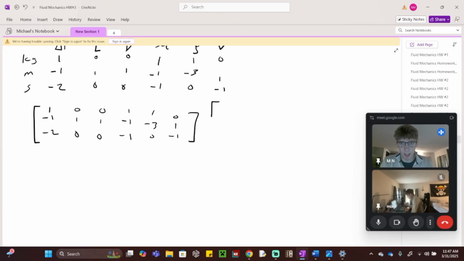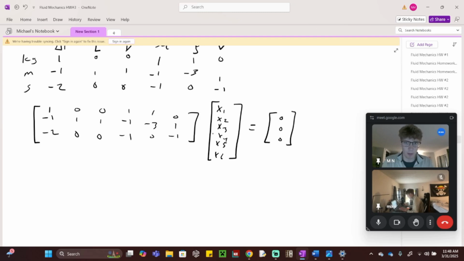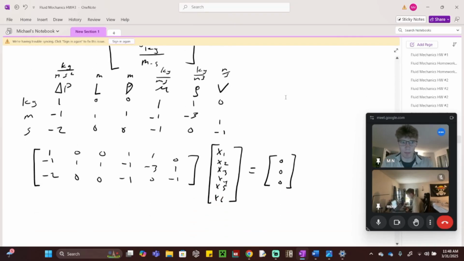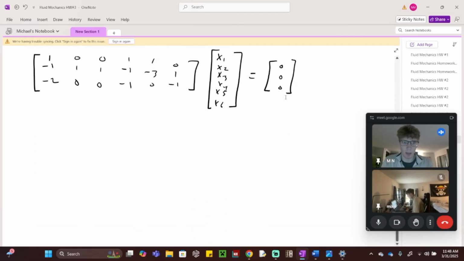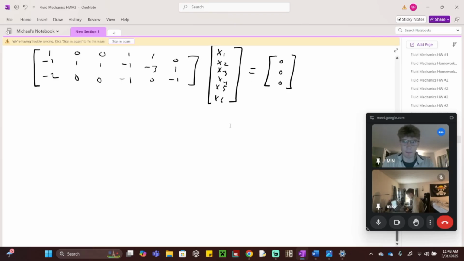And this matrix is multiplied by a certain other matrix of 6 x's, which will yield the null space of 0, 0, 0. So our goal is to solve for these x's and the different answers that these x's could be.